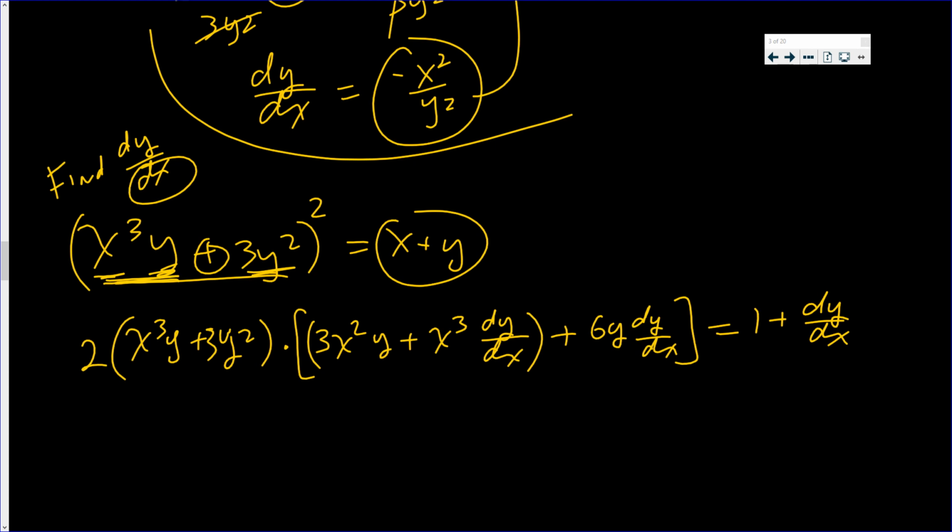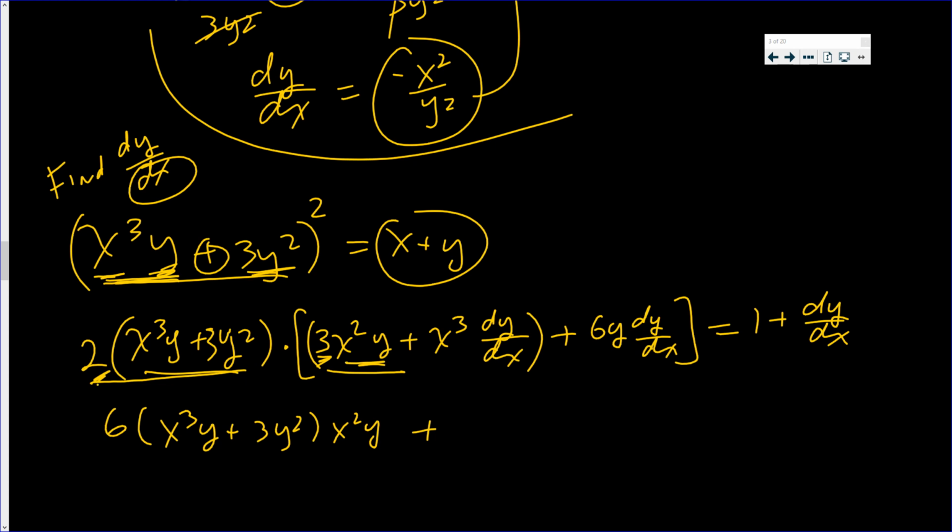Okay. Let us clean this up. This times this is, well, you have 2 times 3 is 6. So you have x cubed y plus 3y squared, I just wrote this down, times x squared y. Plus this times that.